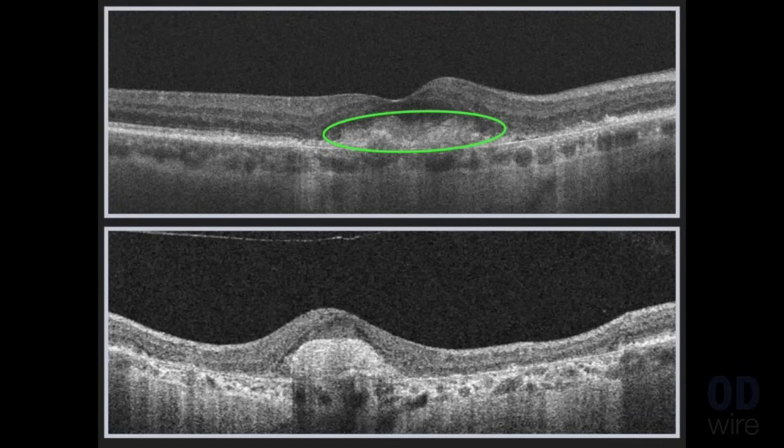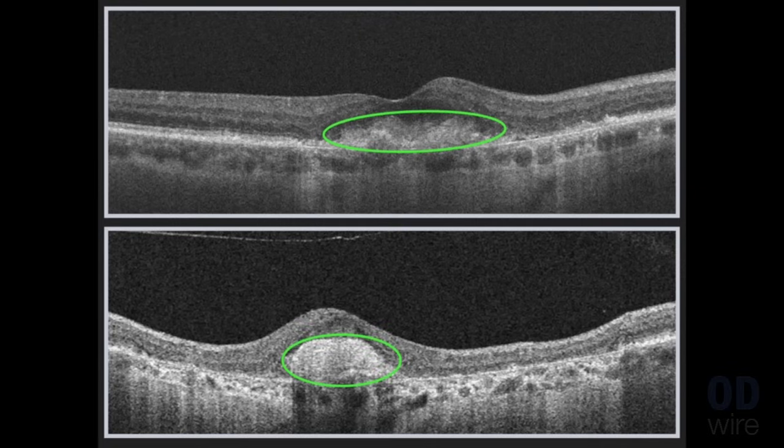In the top image, the circled aspect is subretinal hyperreflective material. This is a type that we'll often refer to as amorphous. Amorphous means that the pixels have some spread between them. They're diffused. It's not clear where they start and where they end.